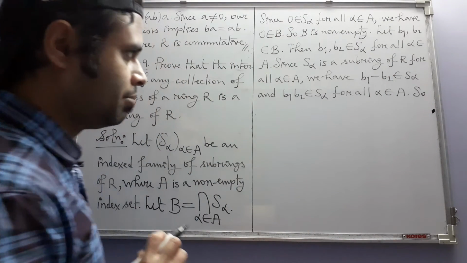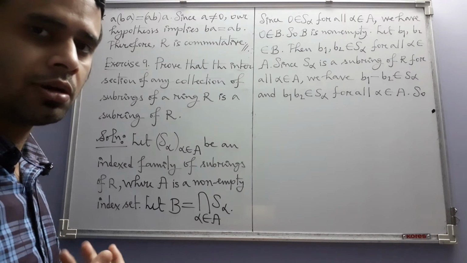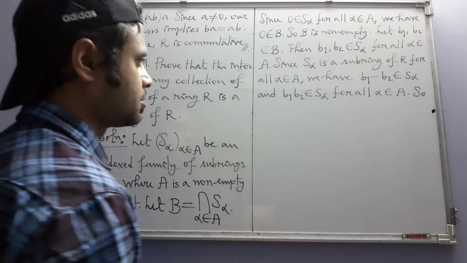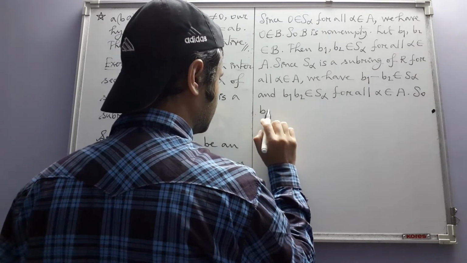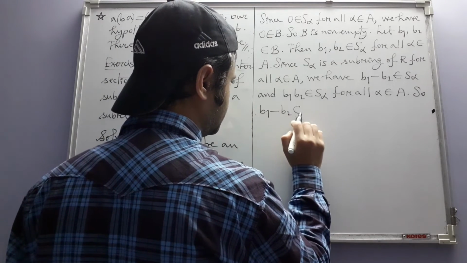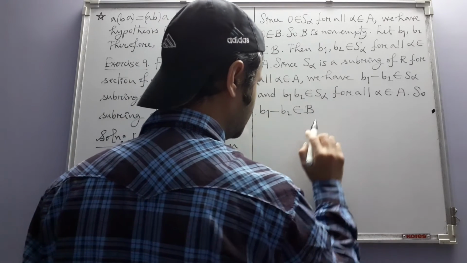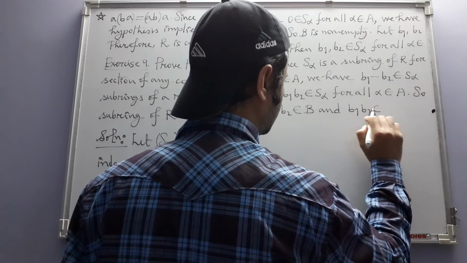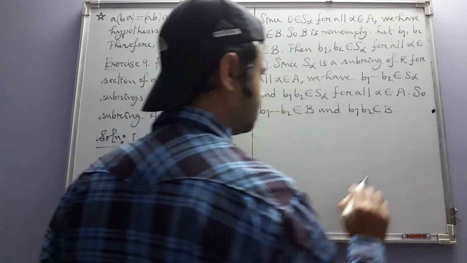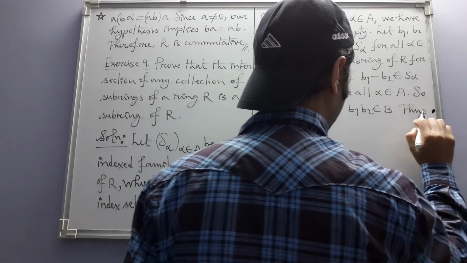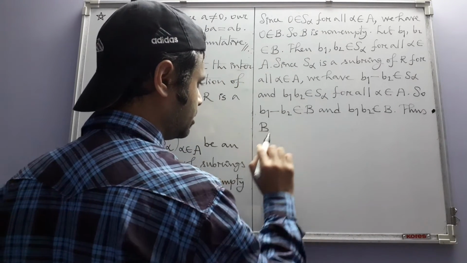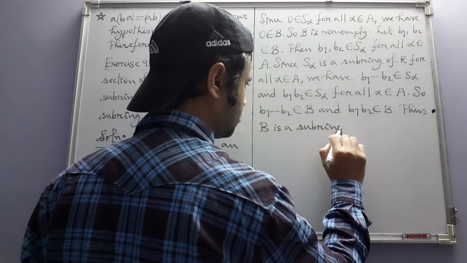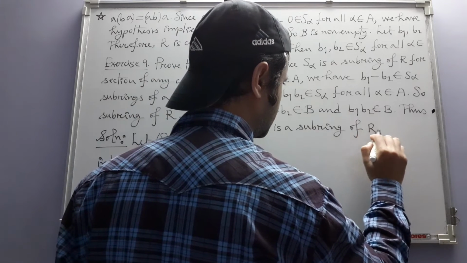So B1 minus B2 belongs to all the S alphas and B1 B2 also belongs to all the S alphas. So B1 minus B2 belongs to their intersection, that is B, and B1 B2 also belongs to B. Thus from the subring test, B is a subring of R.